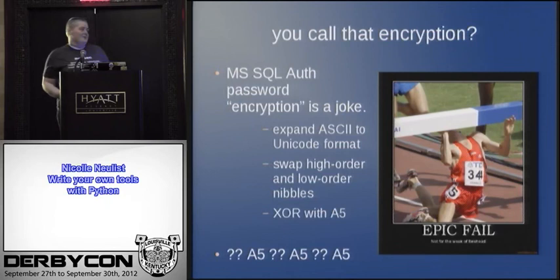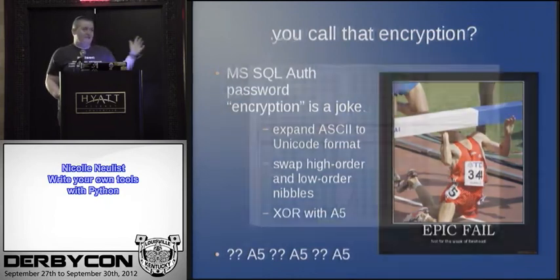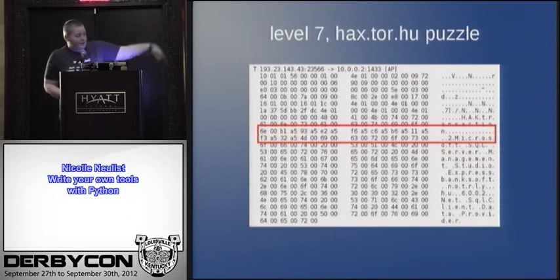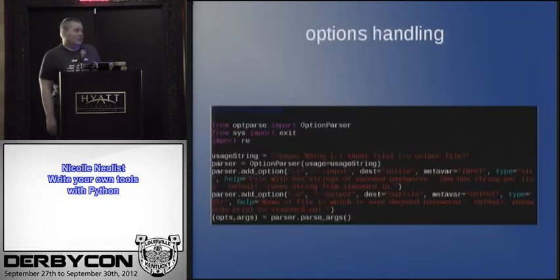So if you're sniffing packets and see something A5, something A5, something A5, like I saw in this puzzle that I was doing online pretty recently, it's Microsoft SQL Server Management Studio. Username is in plain text. All you have to do is decrypt the password. And well, that encryption sucks.